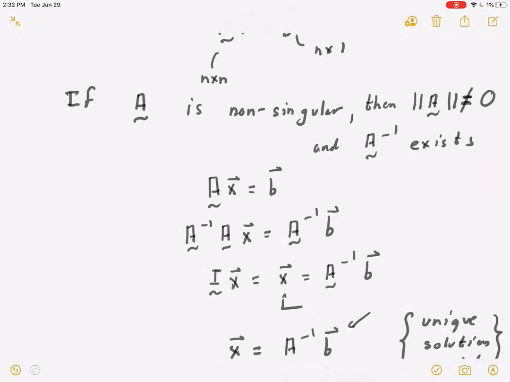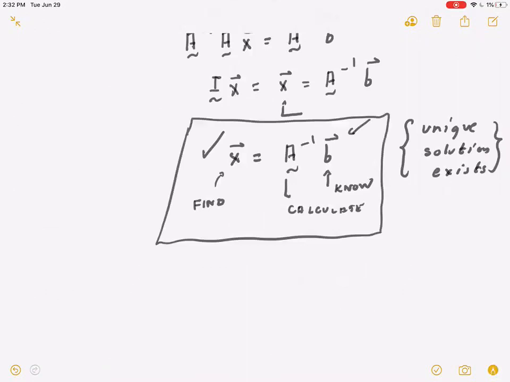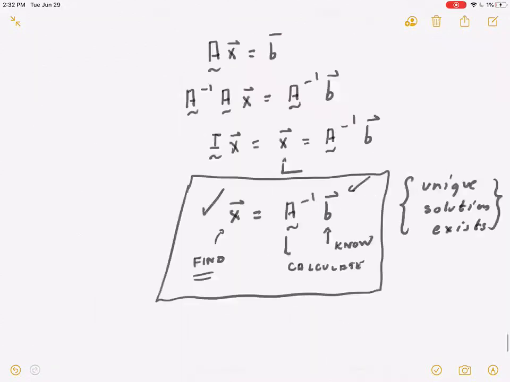That means that the inverse of A exists. And if you actually want to calculate it, then you need to figure out how to calculate the inverse of A, which we know how to do. And then we know how to put these two together in terms of matrix multiplication. We know how to multiply matrices, and we can get our answer, the vector of unknowns. Okay, so that's case 1.